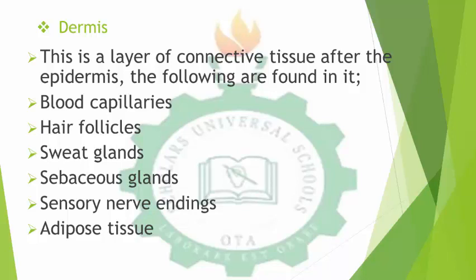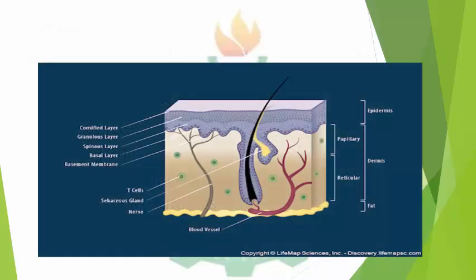The sebaceous gland releases oil and lubricates the skin. The nerve endings also help the sensitivity function of the skin. The sensory nerve endings, that is, all these are embedded in the dermis. Then the fat layer is present. So this is what we talk about when we mention the dermis.